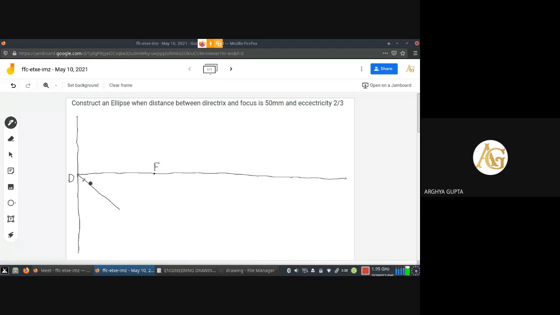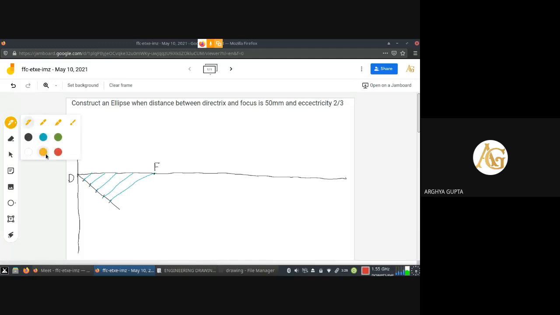All of you know how to divide a line. So the line has been divided into 5 equal parts.